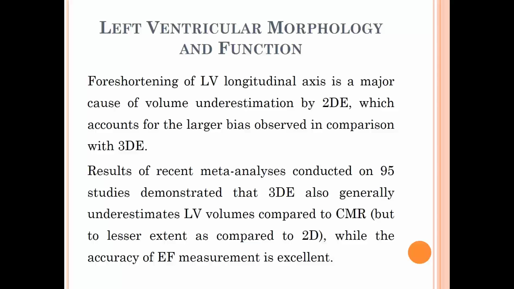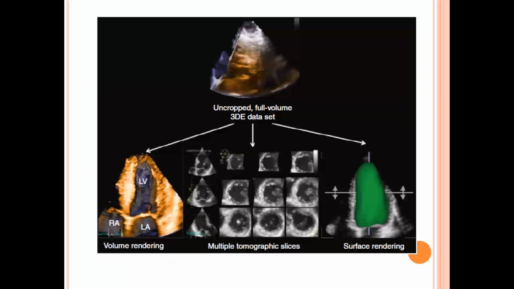The results of a recent meta-analysis conducted on 95 studies demonstrated that 3D also underestimates the left ventricular volumes compared to the CMR, but still they are compared to each other in the calculation of the ejection fraction. The various methods of display of 3D images are full volume, multiple tomographic slices, surface rendering, and volume rendering.